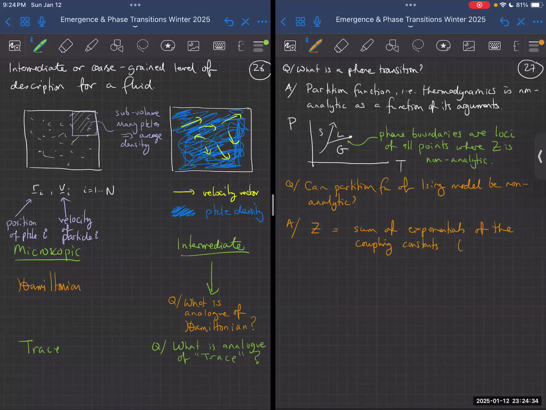And how many terms? 2 to the n terms, because there are 2 to the n different states. And since it's a sum of analytic functions, it itself is an analytic function. And so what that means is that the answer to the question is no. Phase transition cannot happen in the Ising model.